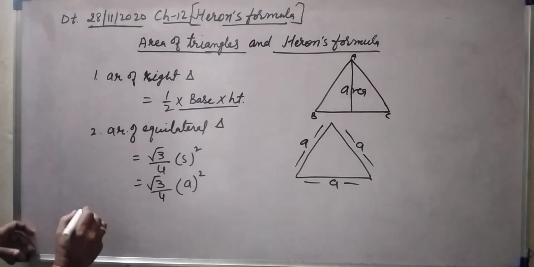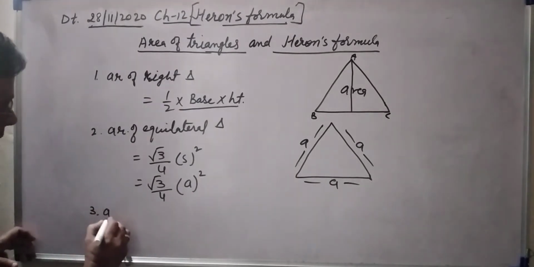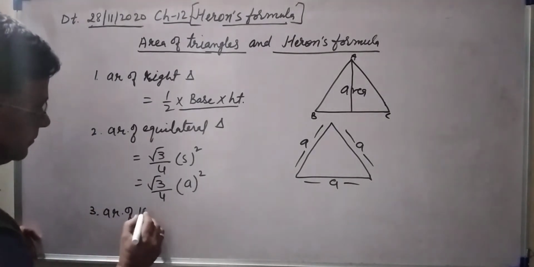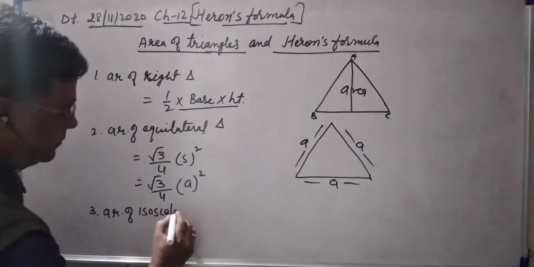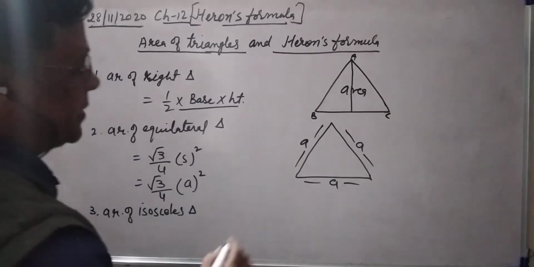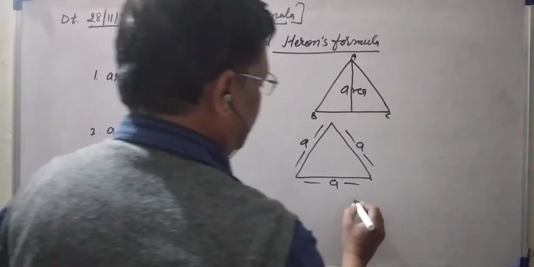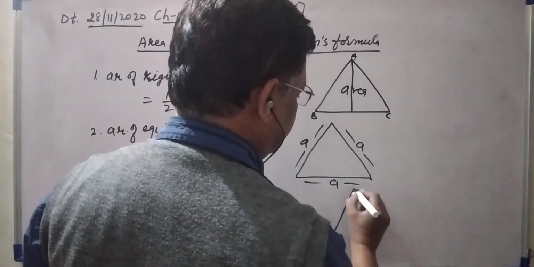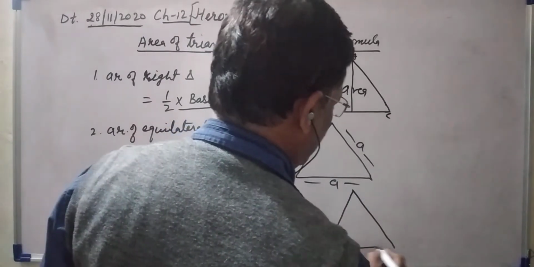Now the third one is the area of an isosceles triangle. Suppose the triangle in which any two sides are equal.